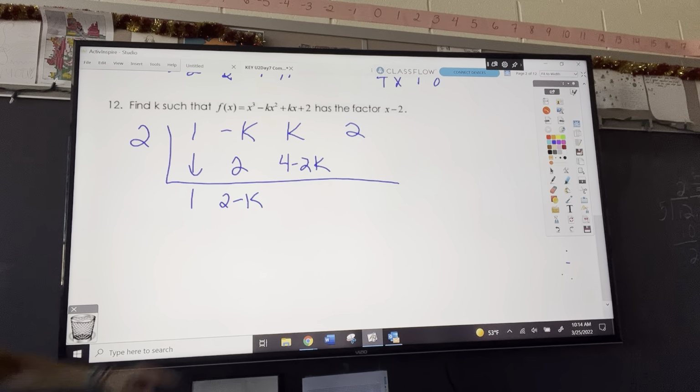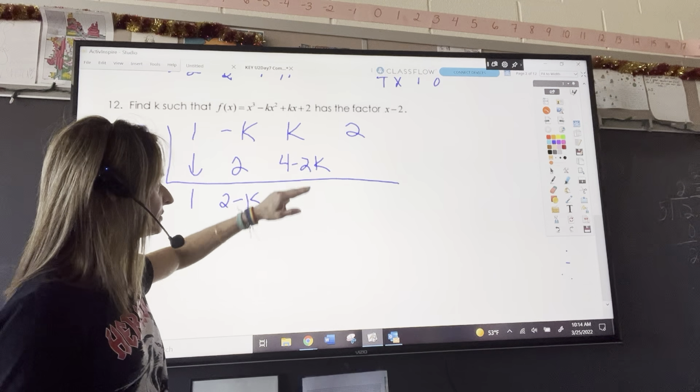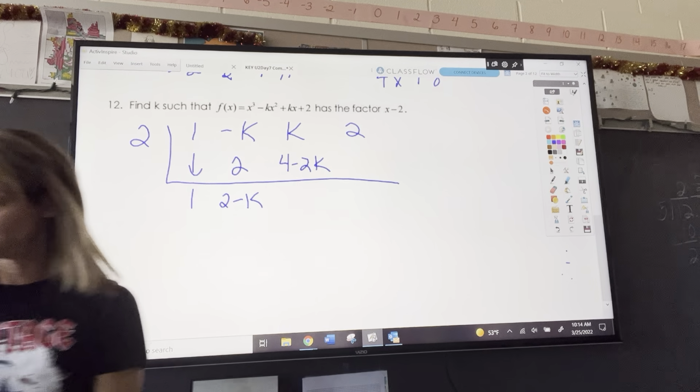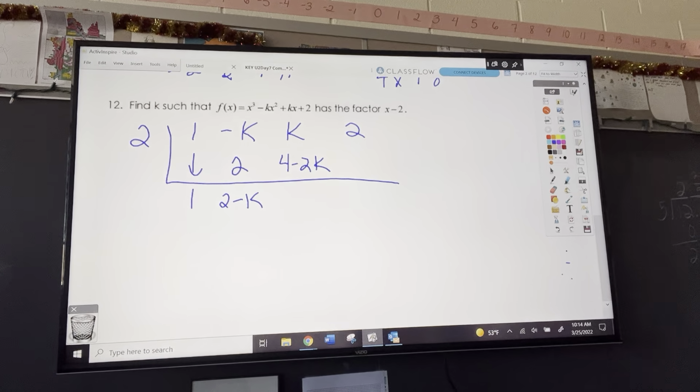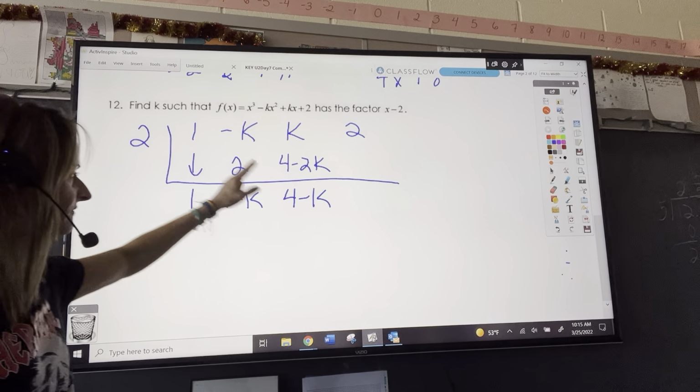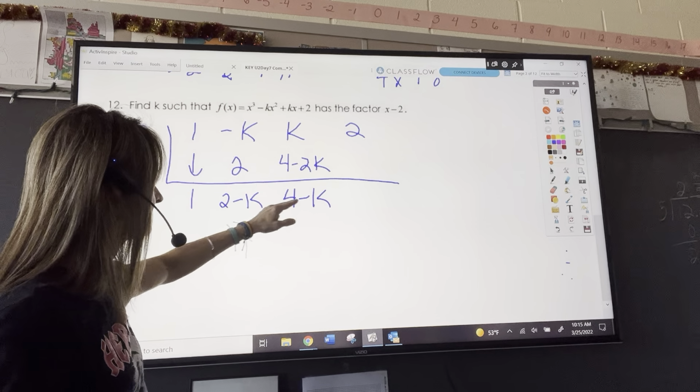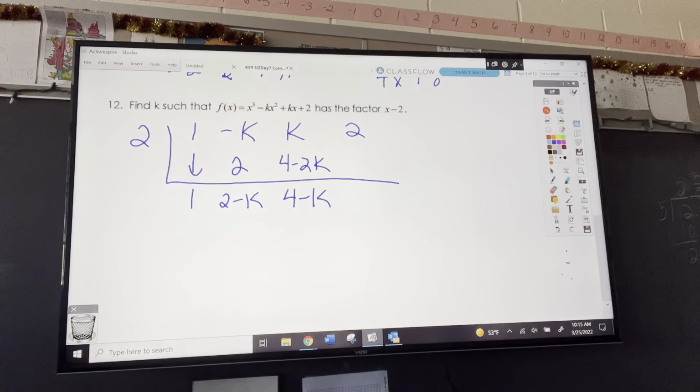Then you have to add k to that, so that will just be 4 minus k. Then you multiply 2 by 4 minus k, so you should get 8 minus 2k. And then you add 2 to that, so that should be 10 minus 2k.